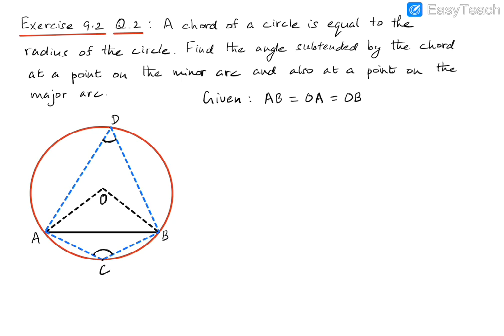Now if we look at the triangle OAB, the triangle in black here, all the three sides of this triangle are equal, so it's an equilateral triangle. So triangle OAB is equilateral.